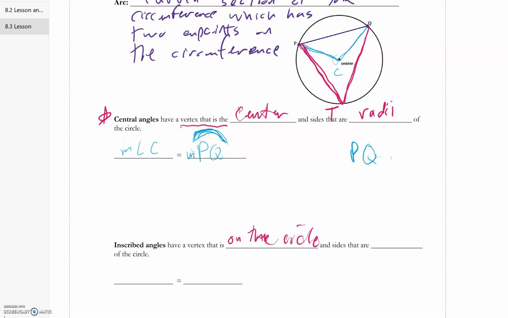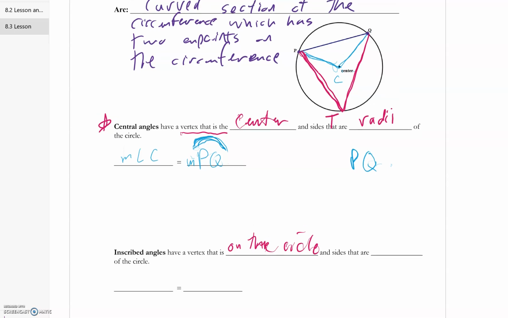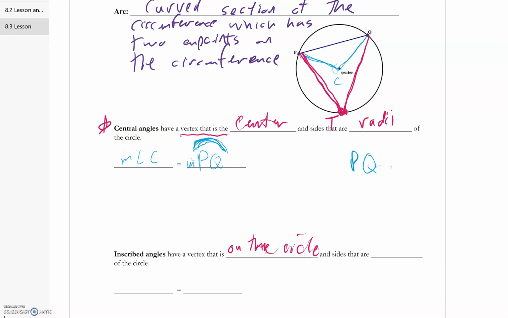And its sides are what? What do you know about its sides? So its vertex is on the circle and its sides are chords of the circle. Now the measure of angle T is half the measure of the arc PQ.